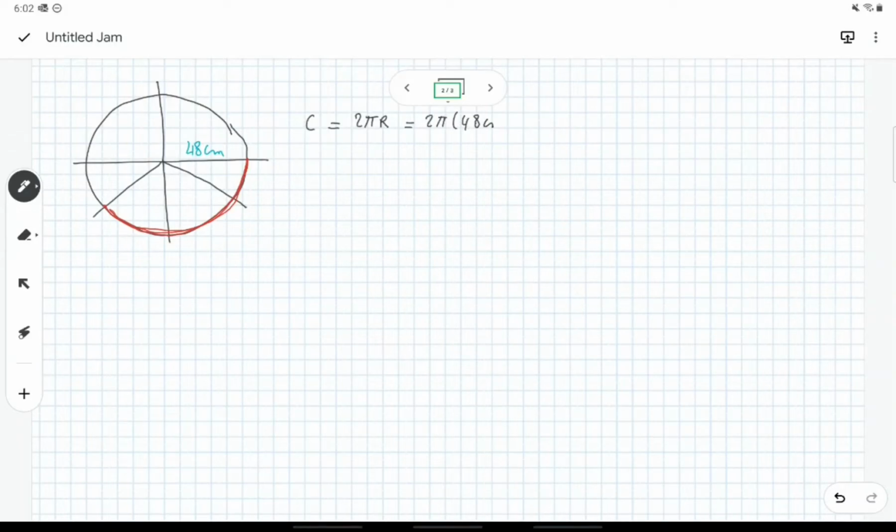Let's see what we get. We get 302. But that's the whole circle. This bit here is only 3/8. So let's do 3/8 of 302 centimeters. We get 113.